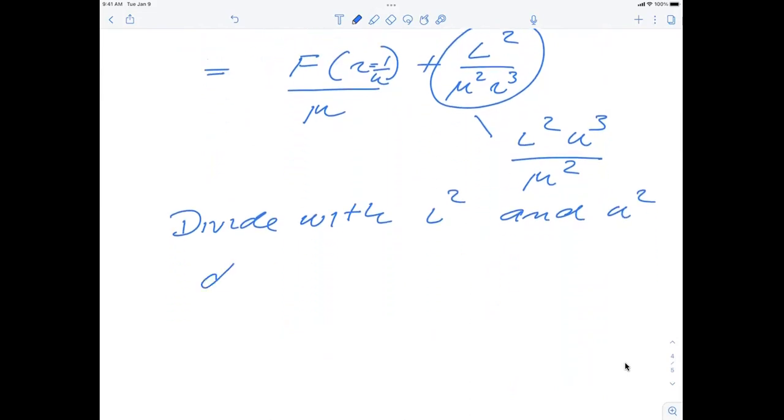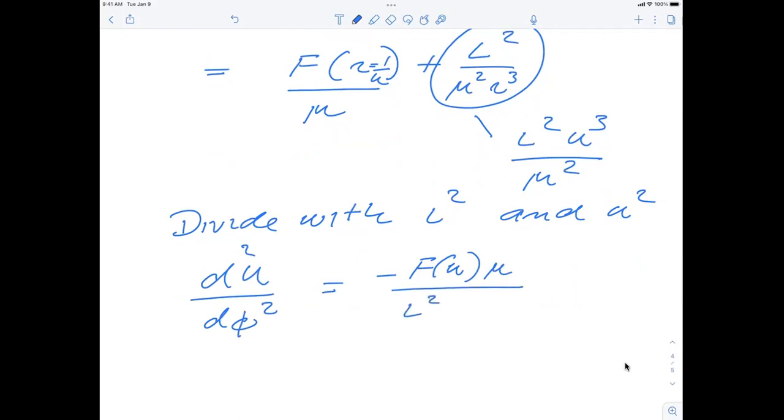So we are going to get the second derivative of u with respect to phi, which is going to be equal to minus, and now we have the force here, F of u, multiplied with mu, divided by L squared times u squared. And what happens now when I divide by L squared, the mass, and also u here, is that I simply get minus u here.